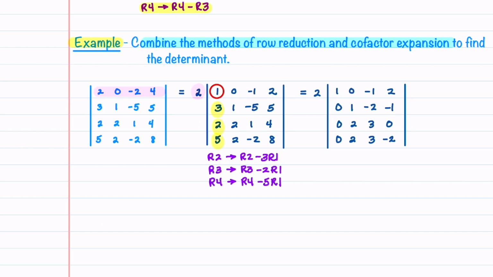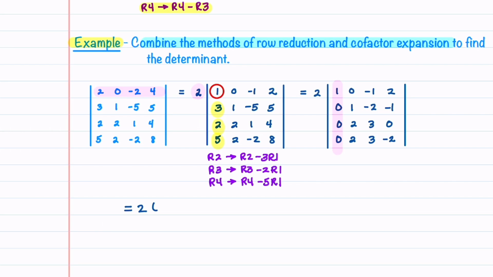When we rewrite our determinant, notice that we have a column that has all zeros except for that first entry. This is always going to happen when you use row reduction. We're now going to shift gears, and we're going to now use cofactor expansion to evaluate the determinant. We have 2, and we're going to do cofactor expansion along this first column.